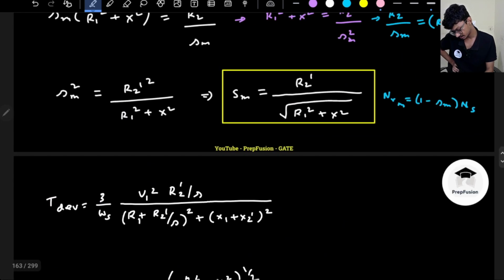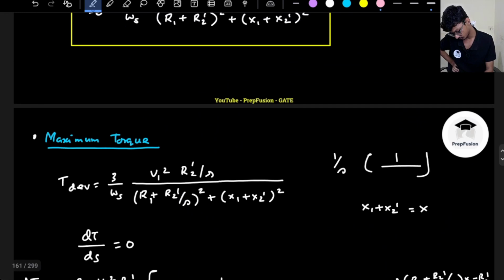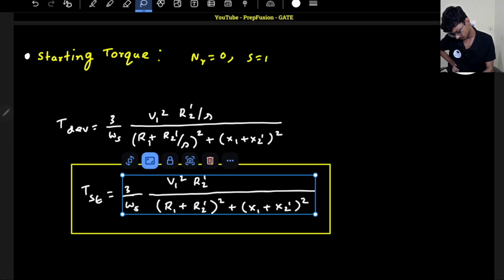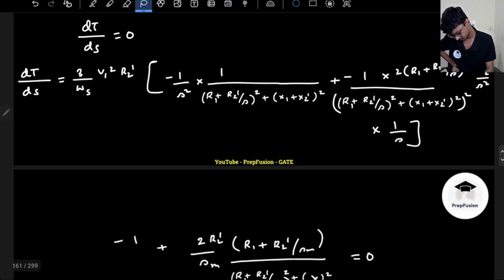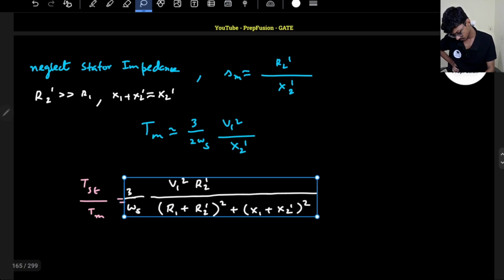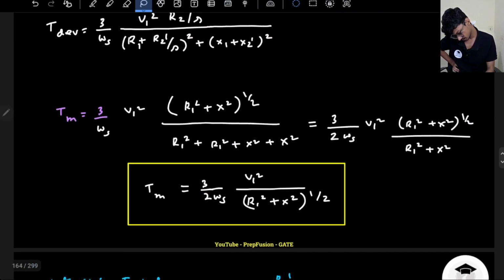So what is the expression for T starting? T starting was this value, right? We had, yeah, this value. What is T maximum? T maximum is this value without any approximation.